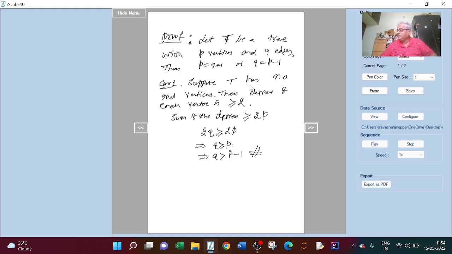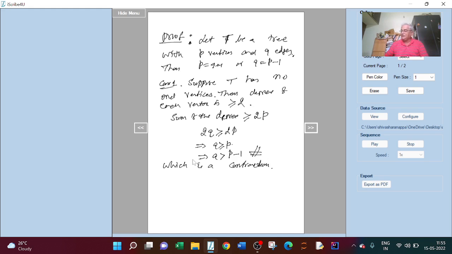This is a contradiction. So therefore, this possibility is not there, that is, no end vertices. That means at least one end vertex is there.